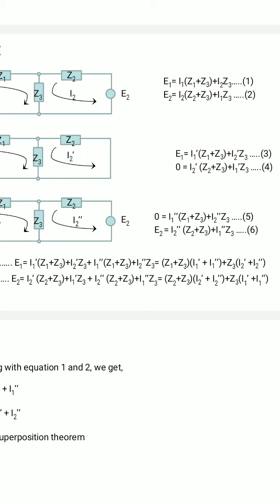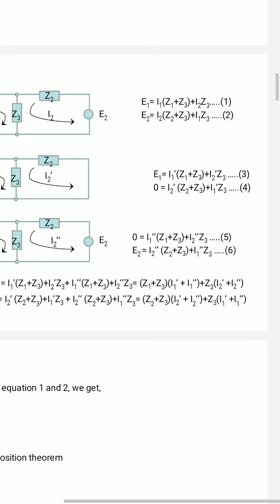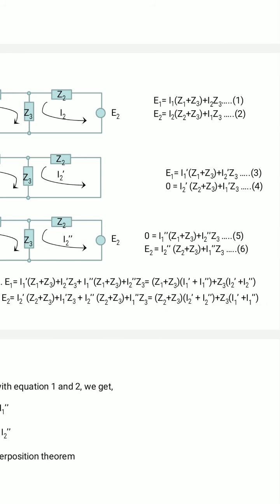So in the first equation, the left hand side is E1. Let us compare it with the first equation. When you compare, you can see the coefficient of Z1 plus Z3 is I1 in equation 1, and the coefficient of Z1 plus Z3 in the new equation is I1 prime plus I1 double prime.